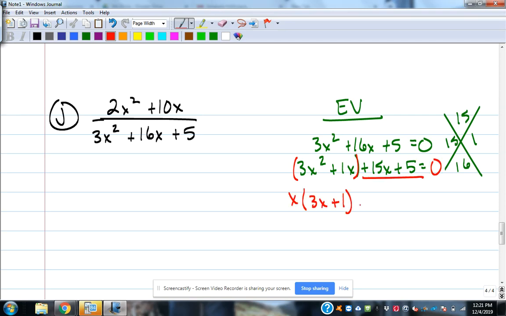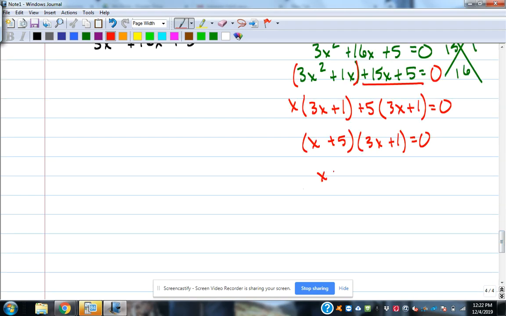Second pair is plus 5, 3x plus 1. So our factors are x plus 5, 3x plus 1. And what do we know our excluded values would be then? Negative 5 and negative 1/3.